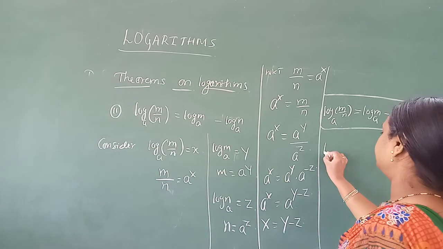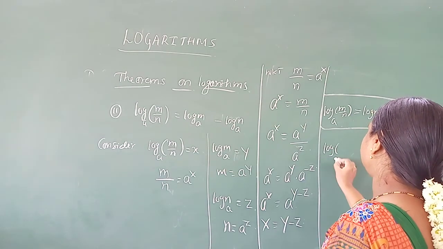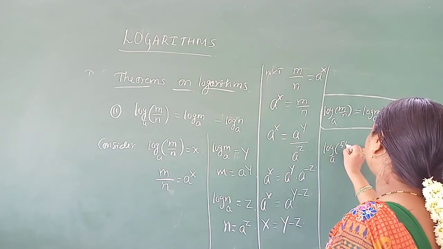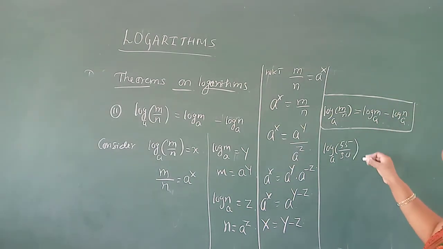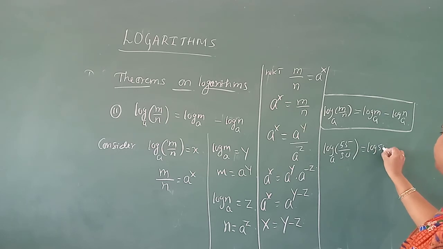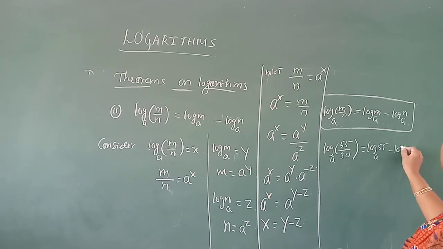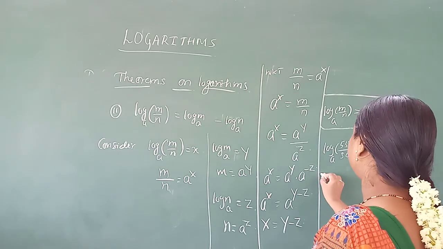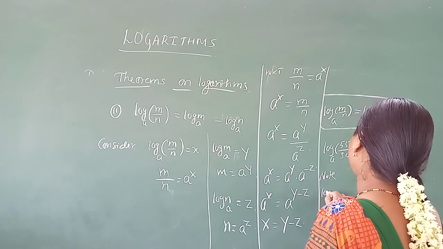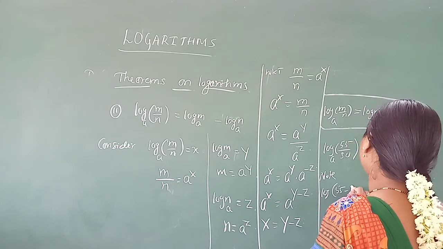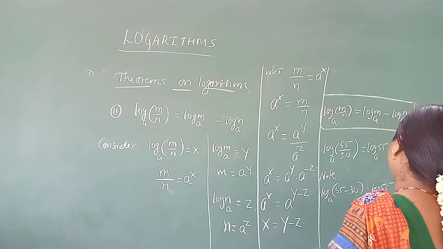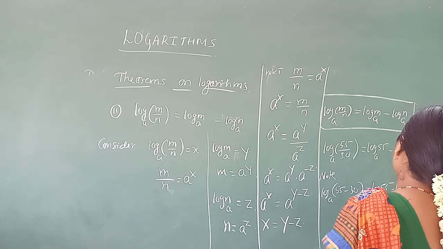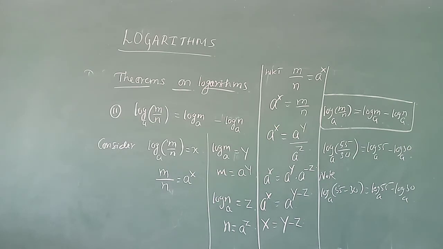Remember that. Suppose log of 55 by 30 is given, this can be represented as log of 55 to the base a minus log 30 to the base a. But remember, we can't take log of 55 minus 30 to the base a as log of 55 to the base a minus log of 30 to the base a.